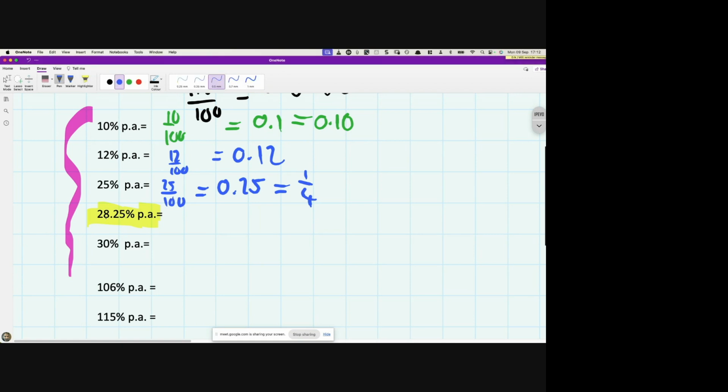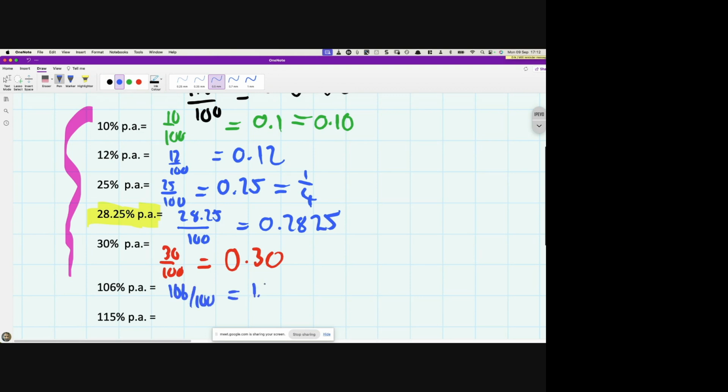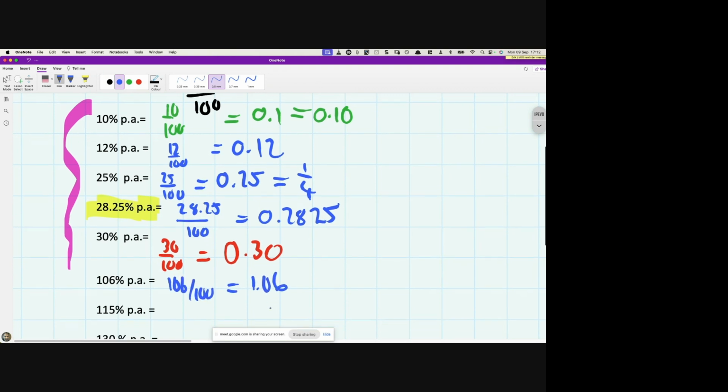So how do we write 28.25%? Well, a percentage just means out of 100. So I could write it like this, or I could write it like that. 30% can be written as 30 over 100, or 0.30. 106% is going to be the same as 106 over 100, or 1.06.